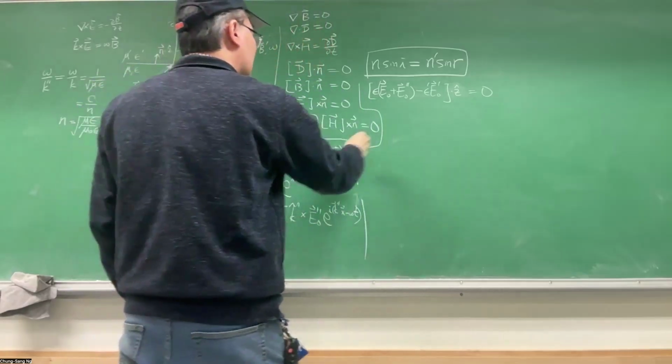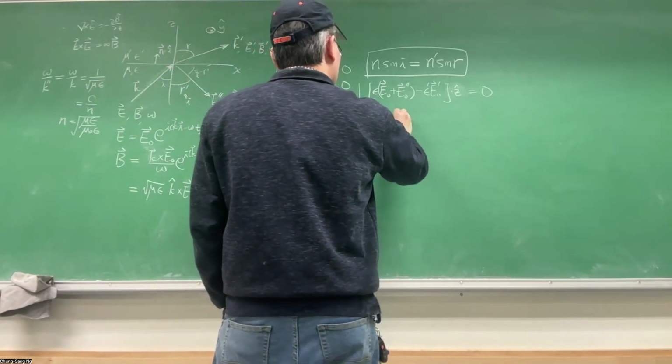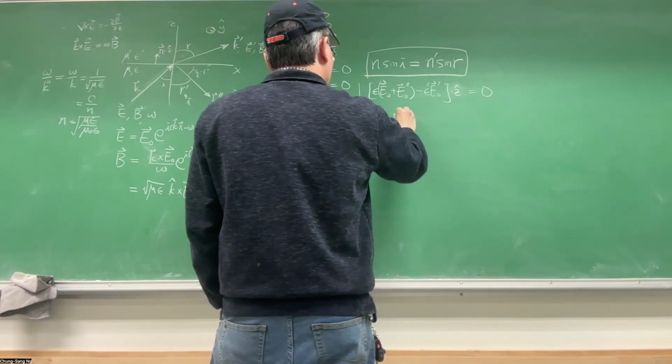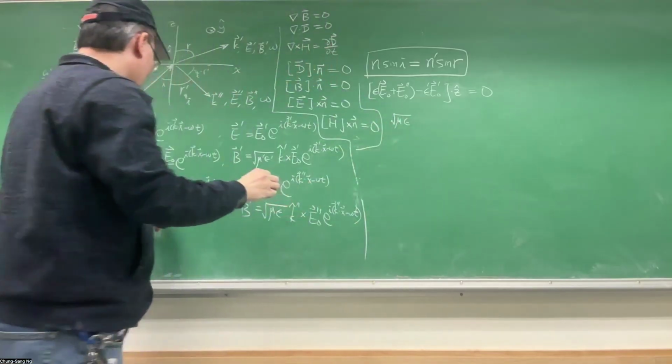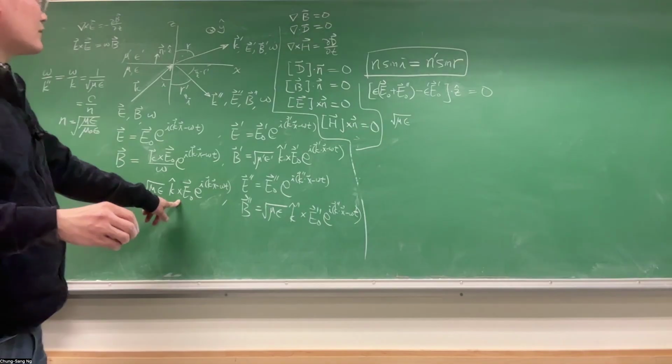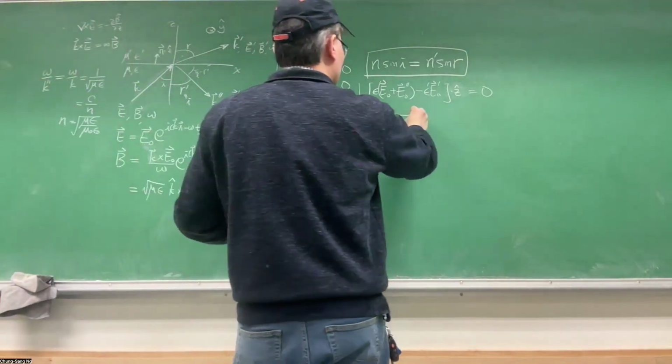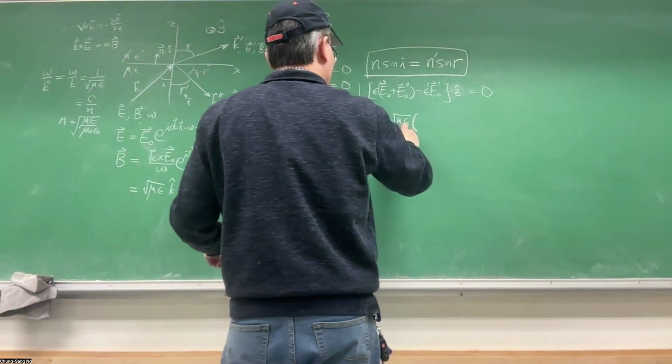Now for this one, you have B, the same thing here. So you have mu epsilon, and you have two terms in the lower medium. They have the same mu and epsilon.